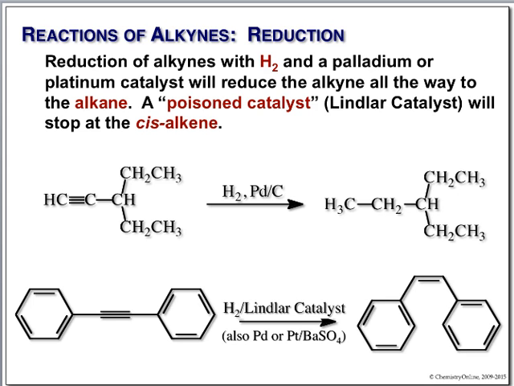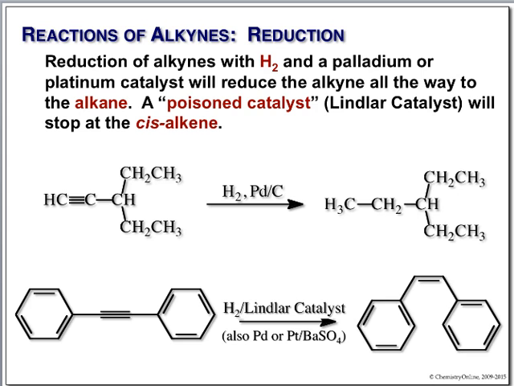That means that if we start off with an alkyne and we use platinum or palladium on barium sulfate, we're going to wind up with an alkene as our product, and just like with alkenes, the reduction is going to occur cis. That is, both hydrogens come in on the same side.